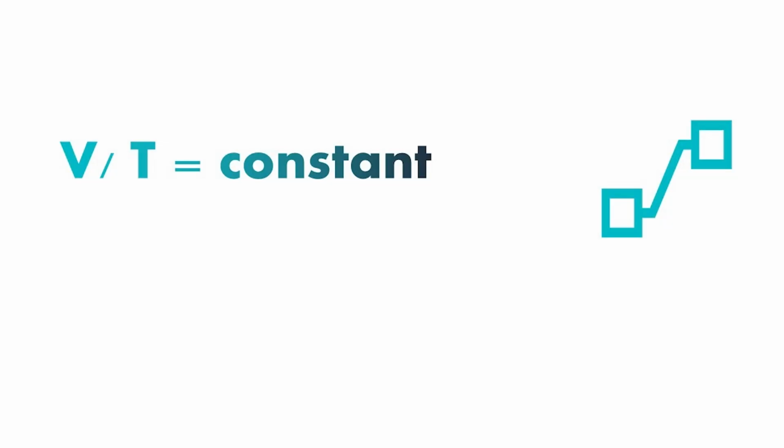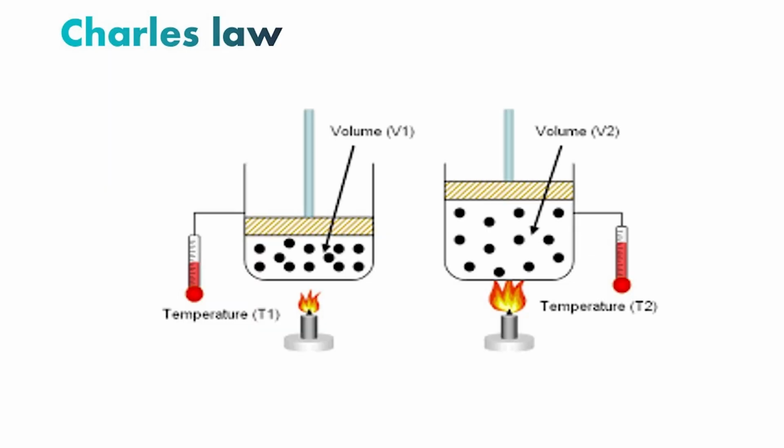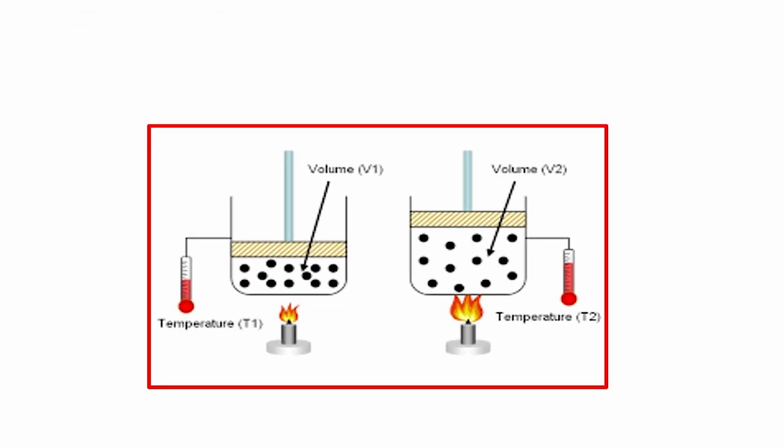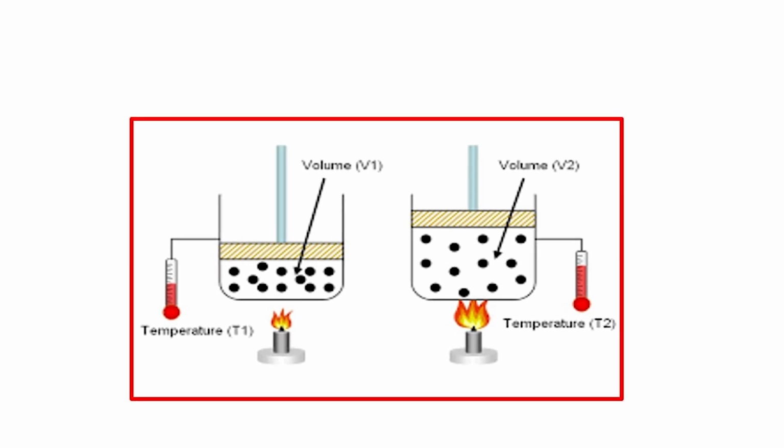So the above mathematical relationship V proportional to T can be replaced as V divided by T equal to a constant. That means we can change the proportionality by a constant. So our equation becomes V by T equal to constant. Now let us consider a case of gas expands from volume V1 to V2 with the increasing temperature from T1 to T2.